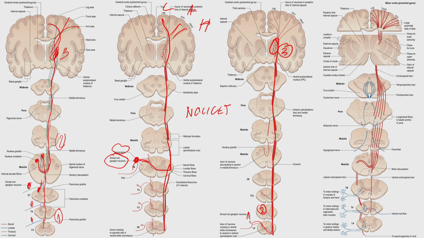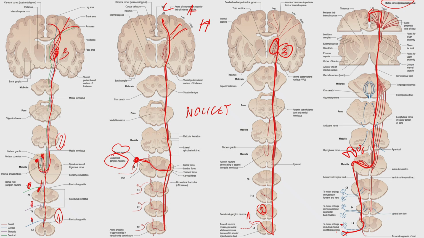Yeah, the last one is a motor. And the motor has the same distribution, and we know that the tracts are crossing partially, 80% at the decussation, and going down, and has execution to the several layers.